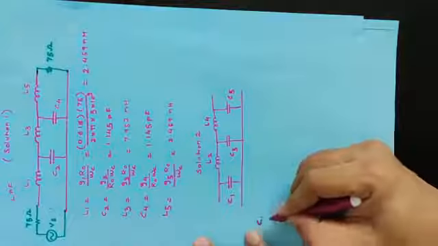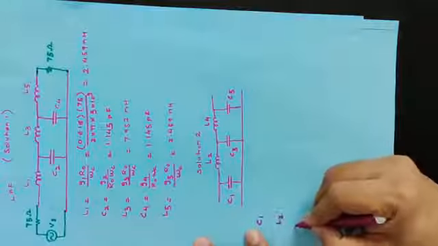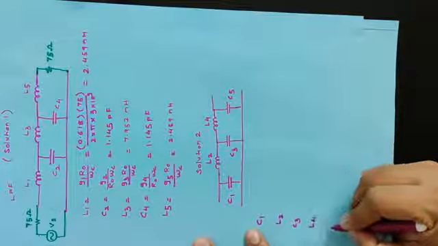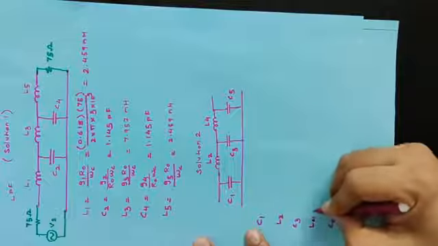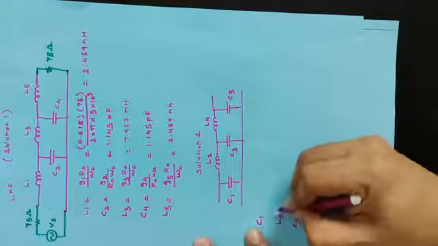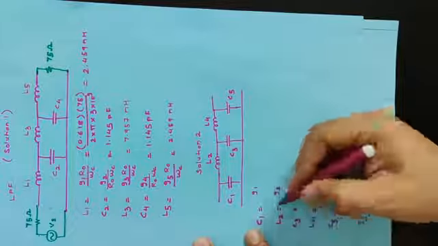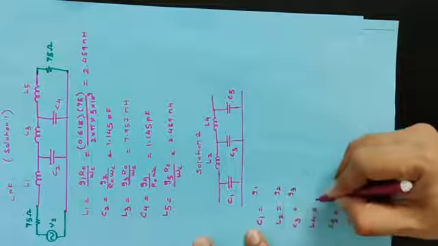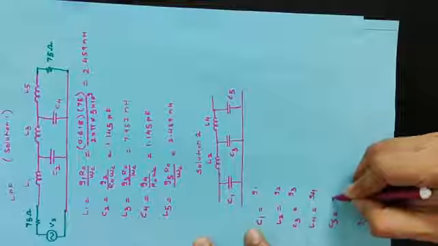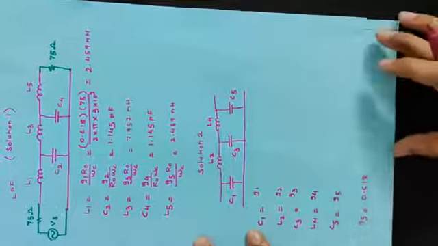Okay, so we'll calculate these values: C1, L2, C3, L4 and C5. These values are directly proportional to their corresponding values of G, being a low pass filter.